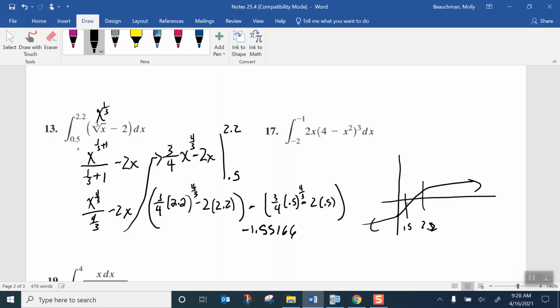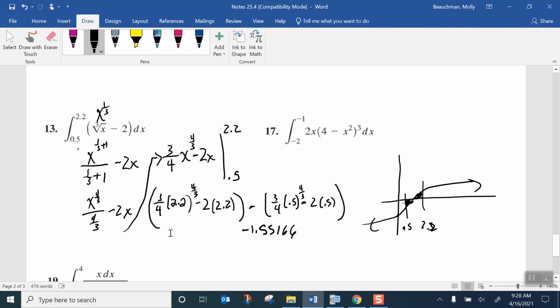Part of our function is underneath the axis, part of our function is above the axis. Areas underneath the x-axis are negative, areas above the x-axis are positive. So it's accumulation of area from 0.5 to 2.2. So if you end up with a negative 1.5516, it tells you there's more of the area underneath the curve than above.